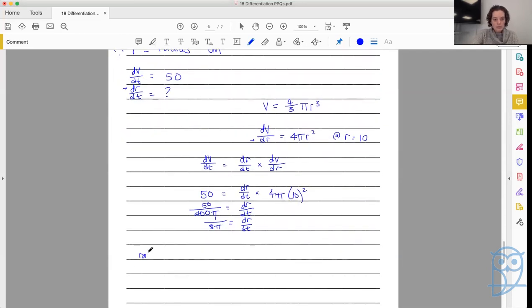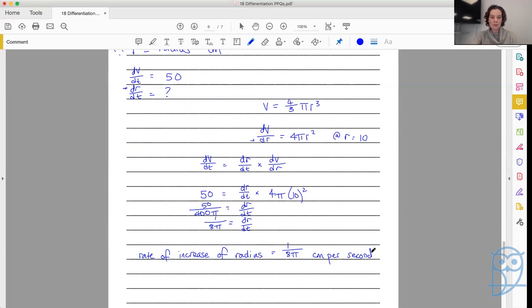So rate of increase of radius equals 1 over 8 pi centimeters per second. Applied question, applied answer.